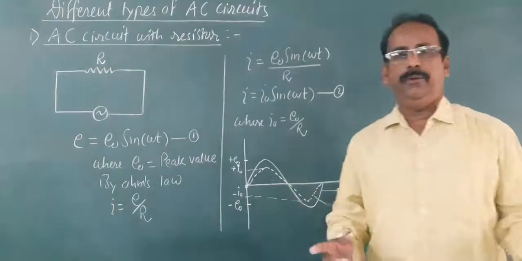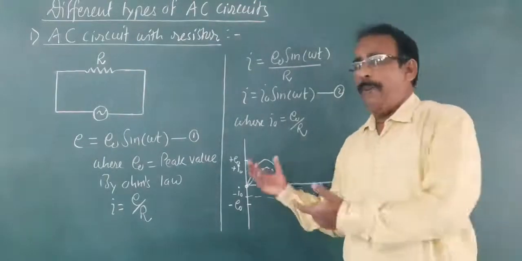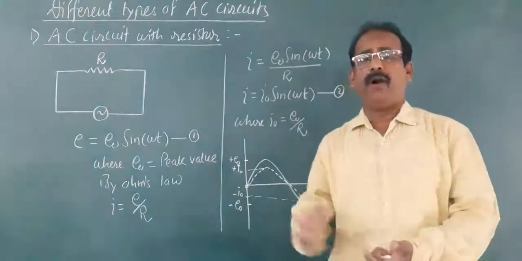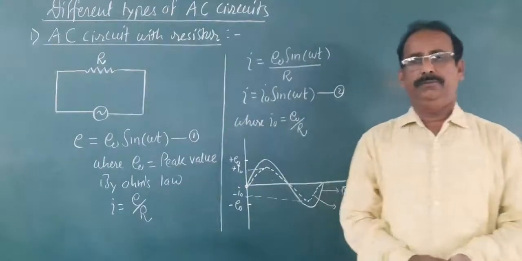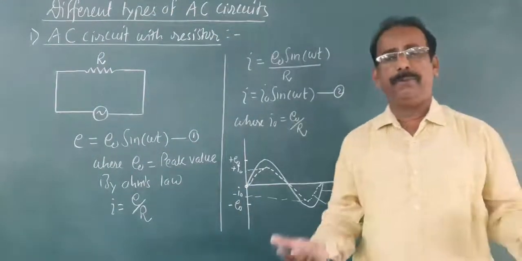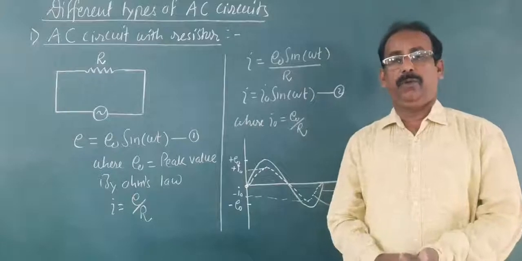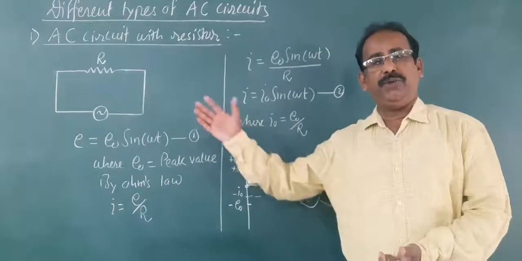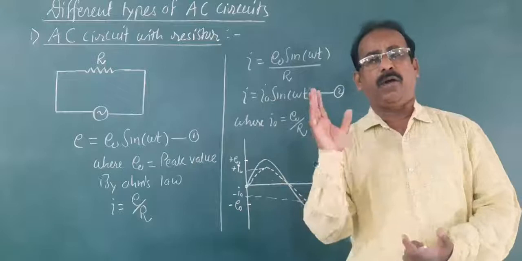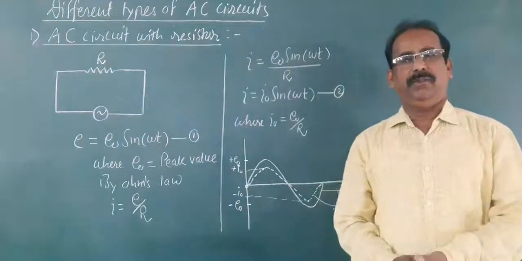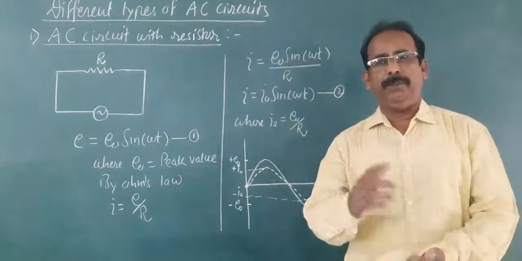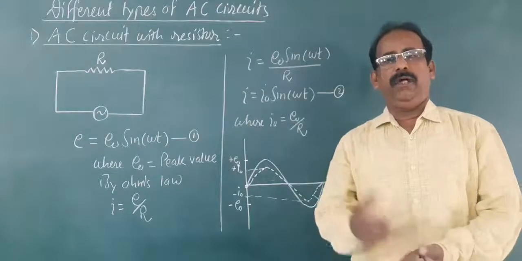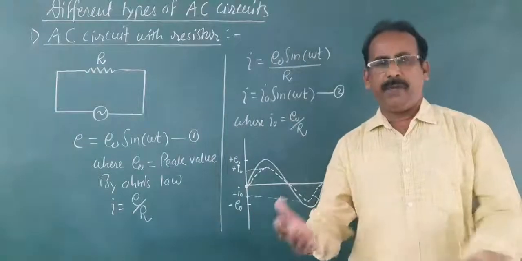Now, how will the phasor diagram look for this resistor circuit? You know what is meant by a phasor diagram. When we represent these two alternating quantities, alternating EMF and alternating current, on a coordinate system with the help of a rotating vector, the diagram is called a phasor diagram.